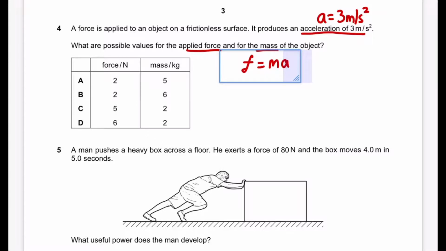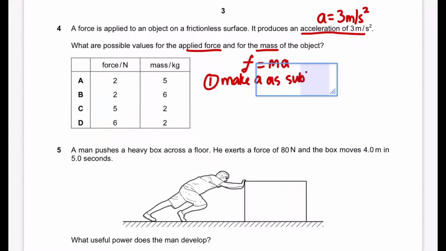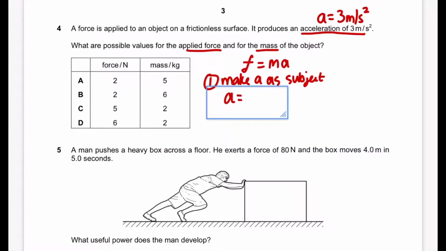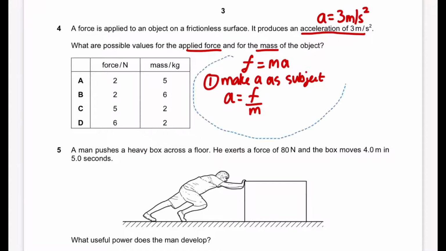We can do 2 options here. One, and the easiest or the most straightforward method, is make acceleration, or A, as subject. So in this case, A is equal to F divided by M. When we do this, wait, hold on, let me move this one out first.